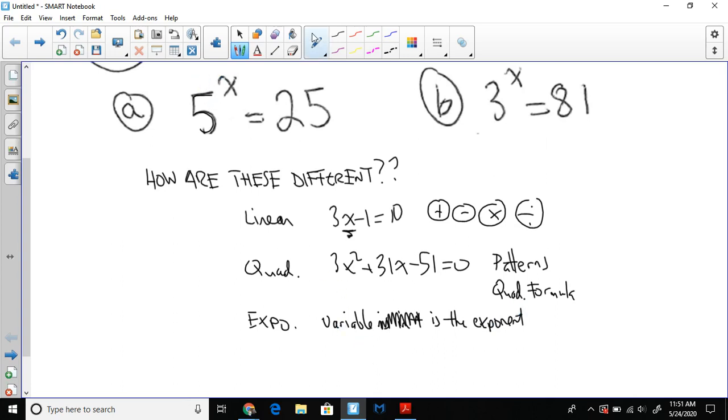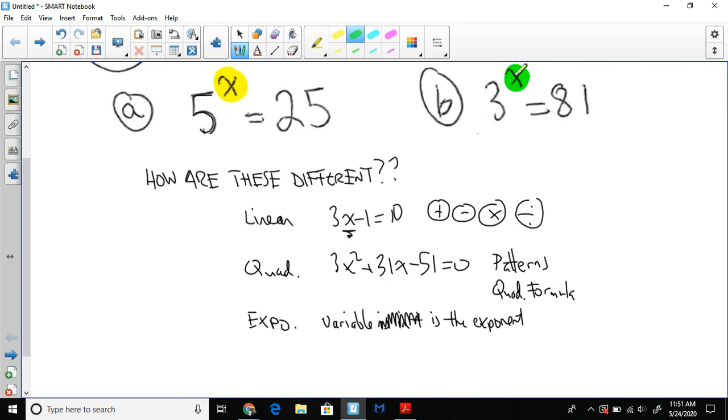So if I look at my two equations here, I'm solving for a variable that is in the exponent, which may seem, to the untrained eye, kind of like whatever, who cares? What's the big deal? But it fundamentally changes how we deal with the algebra with solving it, okay?